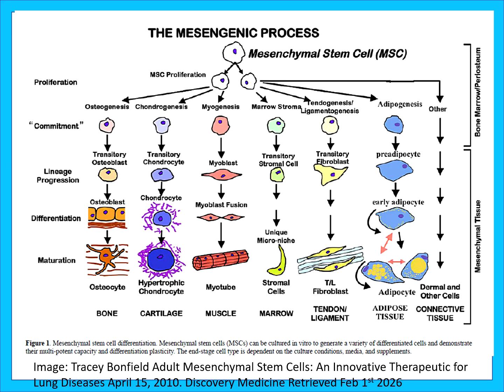Recall all of connective tissue comes from the mesenchyme stem cell line. So these mesenchymal stem cells can differentiate and go down many different lineages. They're stem cells. They can become any of these tissue types.